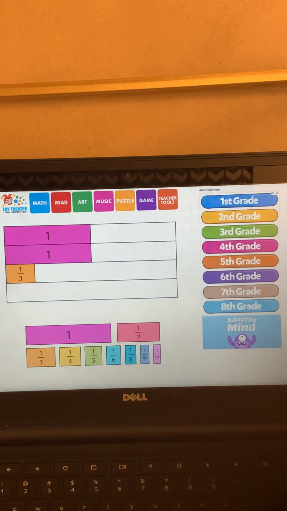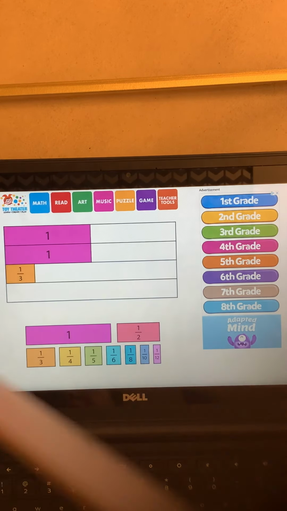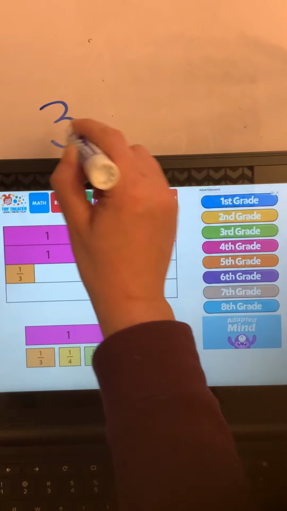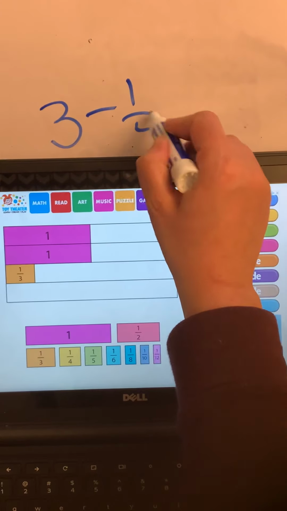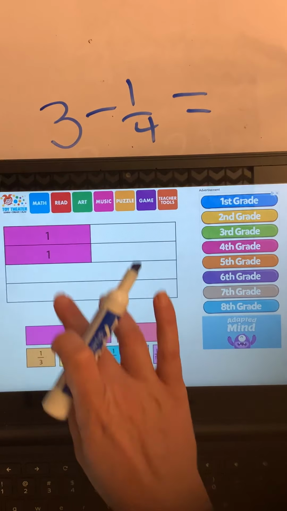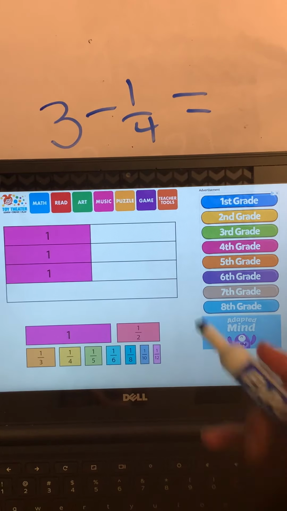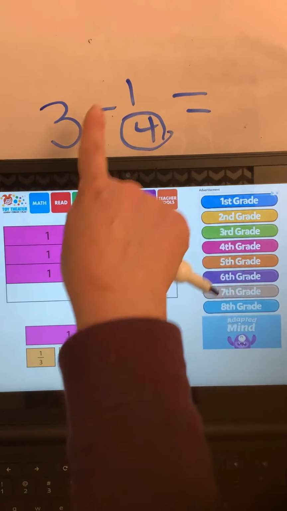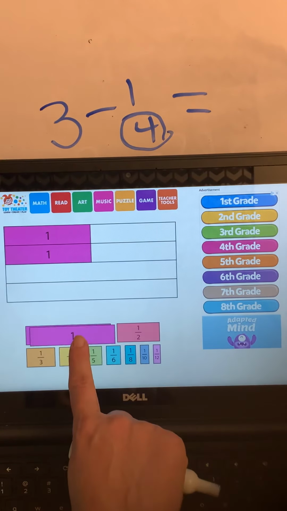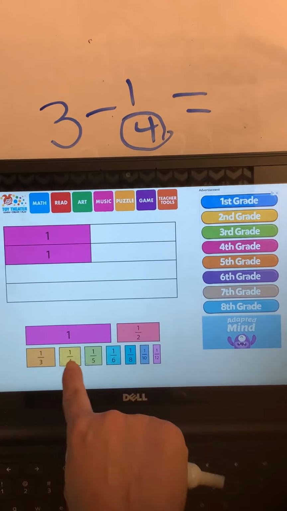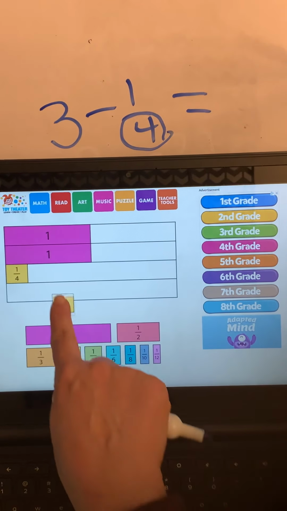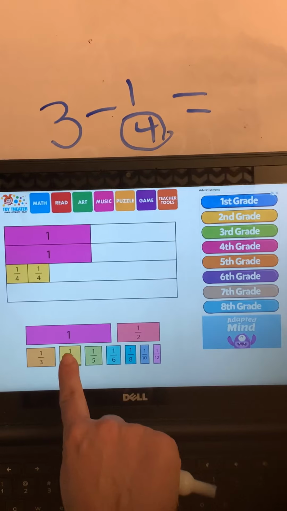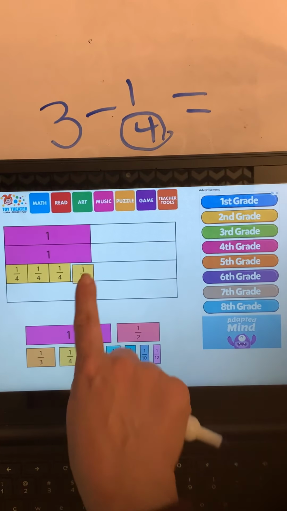Another problem that I want you to look at is 3 minus 1/4. Okay, so I have 3 wholes. Can I do it? Nope. Now I have to partition one of the wholes into fourths so that I can take away the fourth. So I can partition this whole: 1/4, 2/4, 3/4, and 4/4.